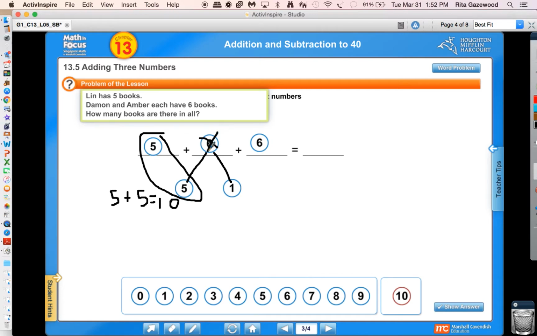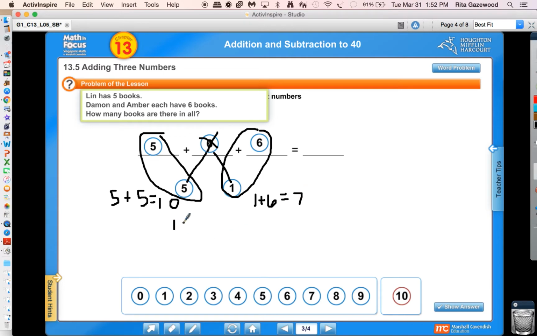I've split it into my 2 parts. So now what I have left is 1 and 6. So 1 plus 6 makes 7. So now I have 10 and 7.